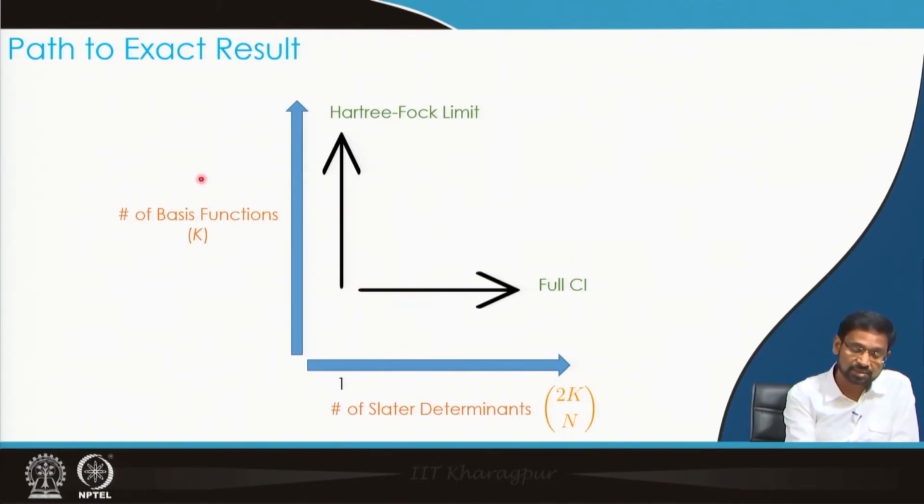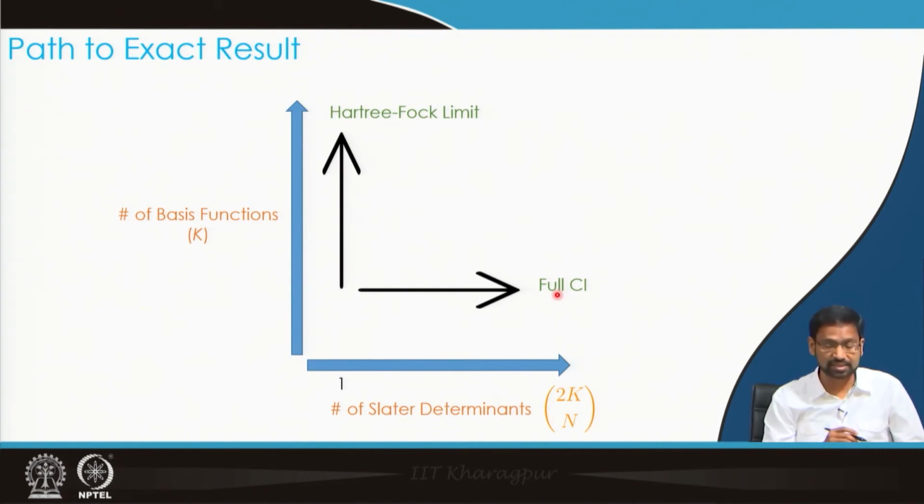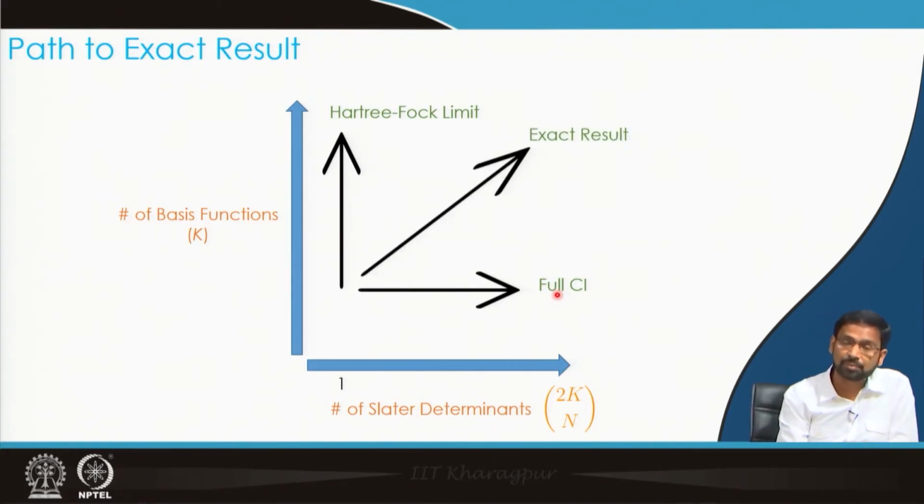But if I consider a small basis set and all the Slater determinants, I am actually going to the full CI limit. But that also is not the full truth. The exact solution lies somewhere in between. So we have to make progress on both dimensions. We have to take larger basis functions as well as multiple Slater determinants. This path would lead us to the exact result.